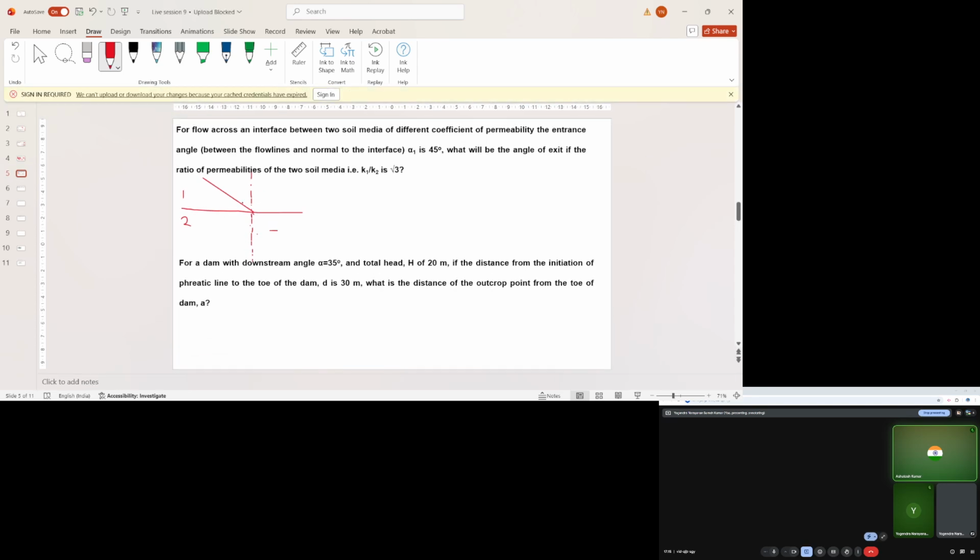This angle is alpha 1, and the permeability is K1, and it exits at an angle alpha 2. And since it is a different media, its permeability is K2. How are these two related?